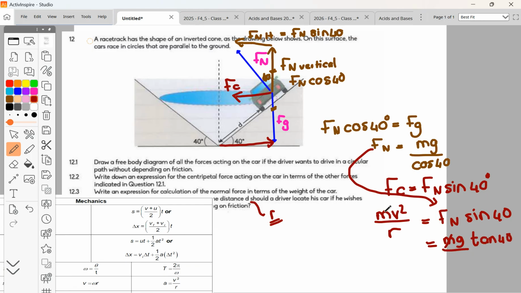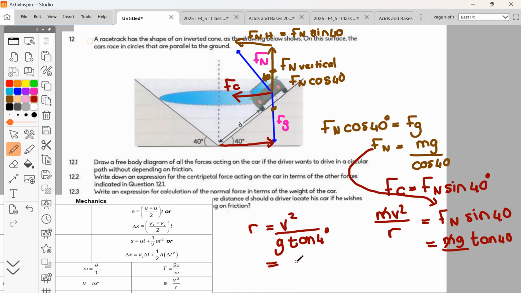The m's cancel out. And that means that we now can change our equation. I'm just going to do it on this side so that I have more space. I can change my equation to say r is then equal to v squared over g times tan 40 degrees.